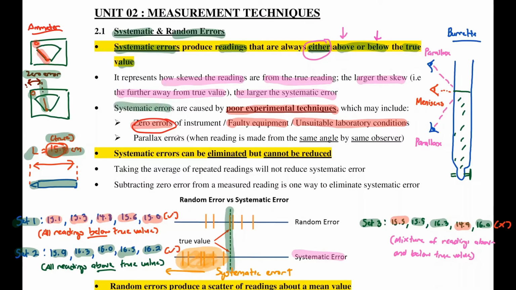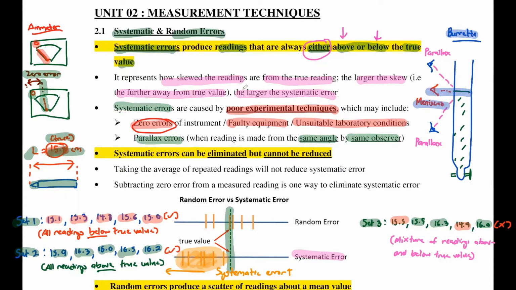Systematic errors are also caused by parallax errors. However, do note that systematic errors caused by parallax errors only occur if the readings are made from the same angle by the same observer. What do I mean by that? Take for example, when you're taking volume measurements from a burette. The correct way to take a reading will be at the meniscus level.